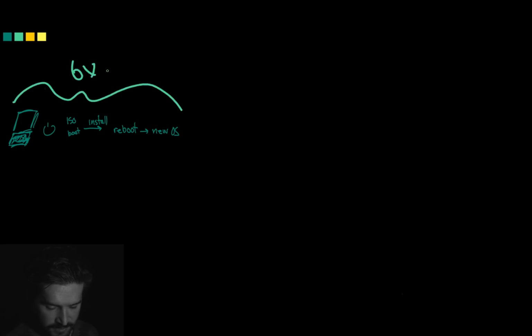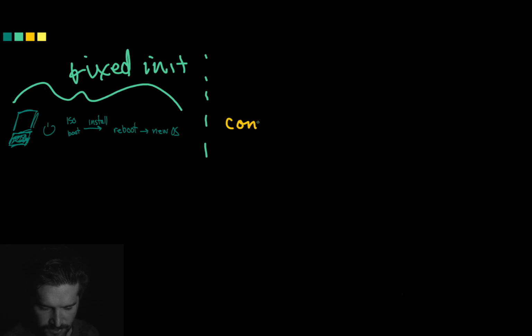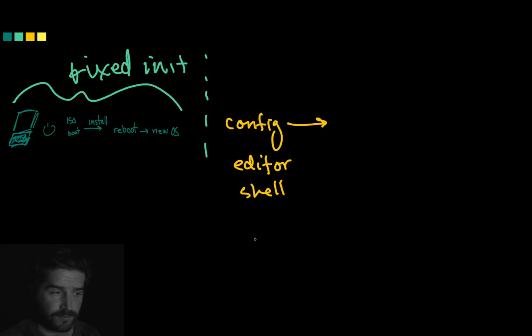So this is your fixed init. And then you just start using the operating system, as things come up. You do your first configuration. You maybe set up an editor here, set up your shell preferences, blah, blah, blah. Whatever you do when you first have a new operating system.